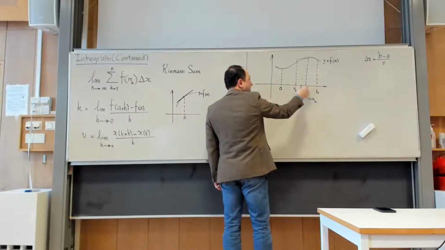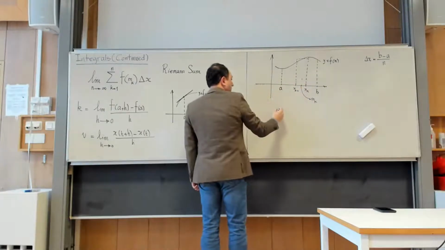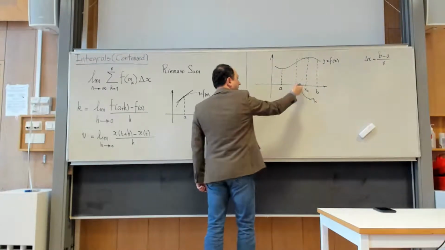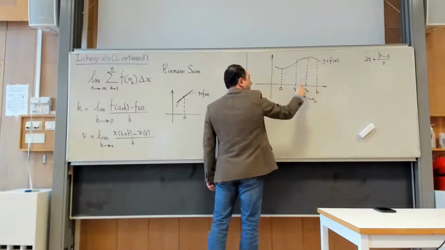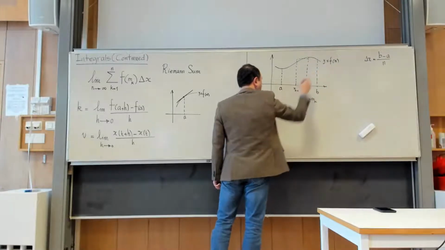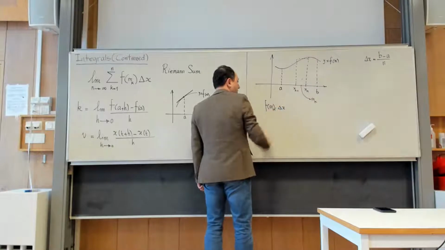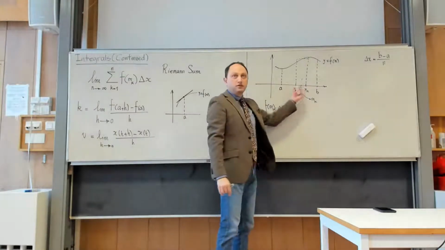And then I calculated the area of this rectangle. How? The width is delta x. So I multiply delta x by the height. The height was from here to here. Do you remember? This is m sub k. So if I ask you what is the height, you put this number in your function, you get f of m sub k. And then you multiply them. So this would be the area of this rectangle.